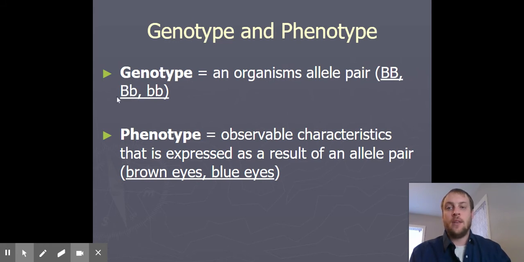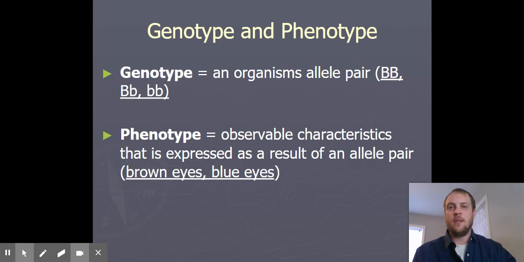Heterozygous would still show the dominant version of the trait, so its phenotype would be the dominant version. Phenotype tells you the observable characteristics that you would see. Think of it as the physical appearance.